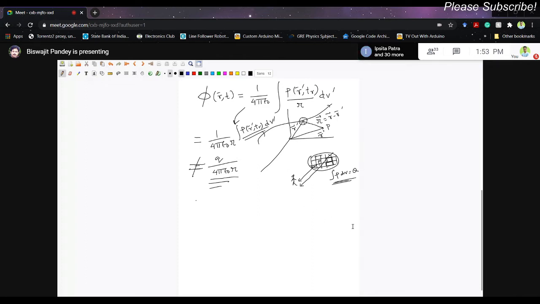So one is from Griffiths' book, which I like for this particular topic, because it gives you a clear example of how that particular expression is arrived at.